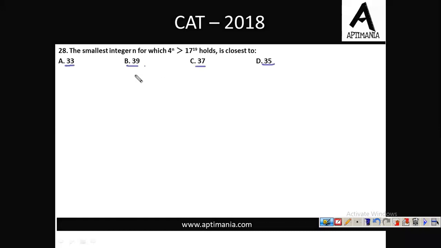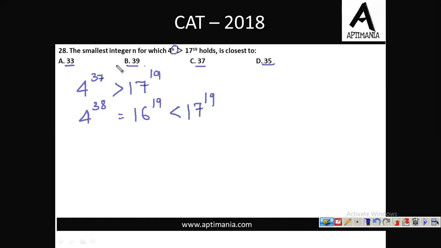If we try 4 power 37 is greater than 17 power 19, that will be wrong, because even if it is 4 power 38, that will be equal to 16 power 19, which is less than 17 power 19. So n has to be greater than 38. The only option available is 39. So 39 is the correct answer for this question.